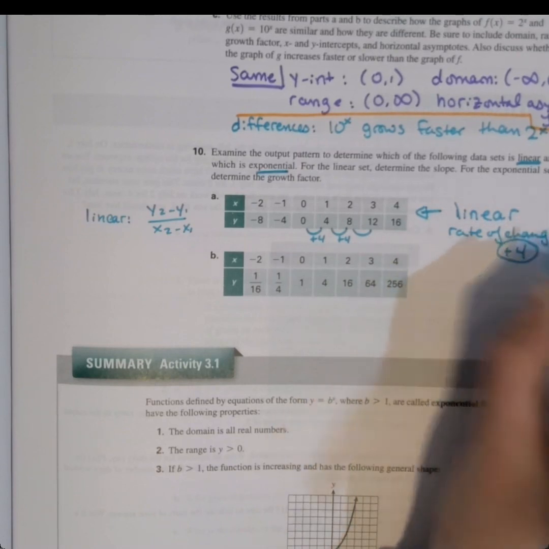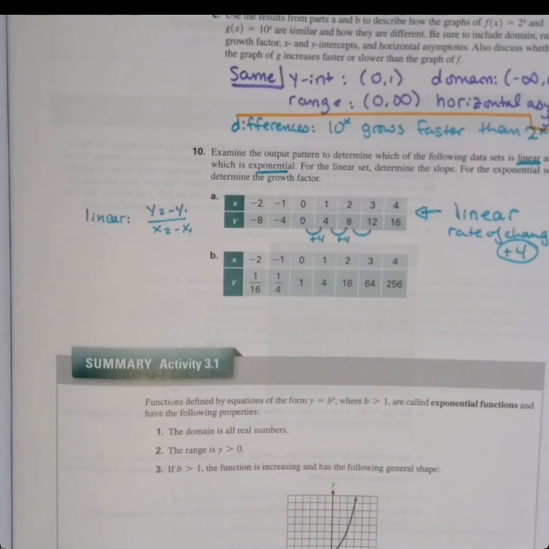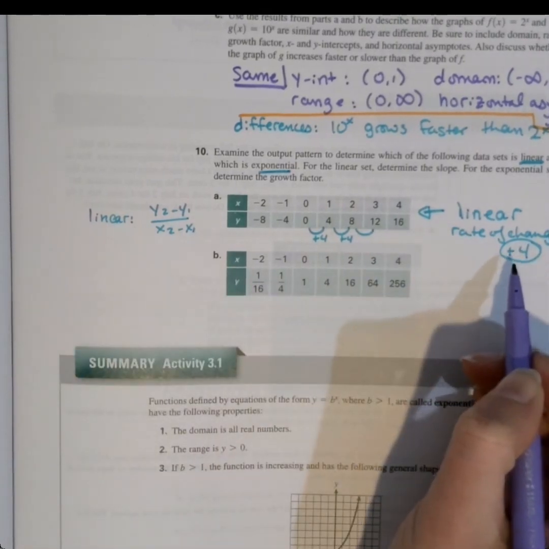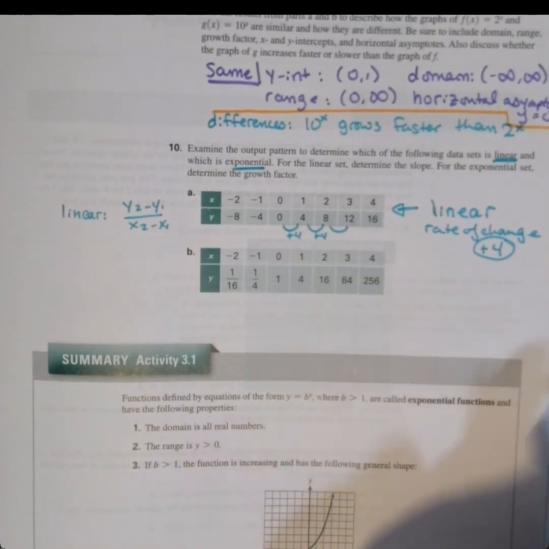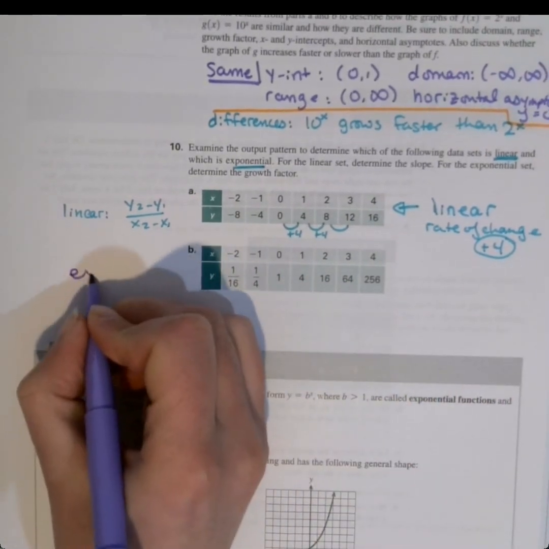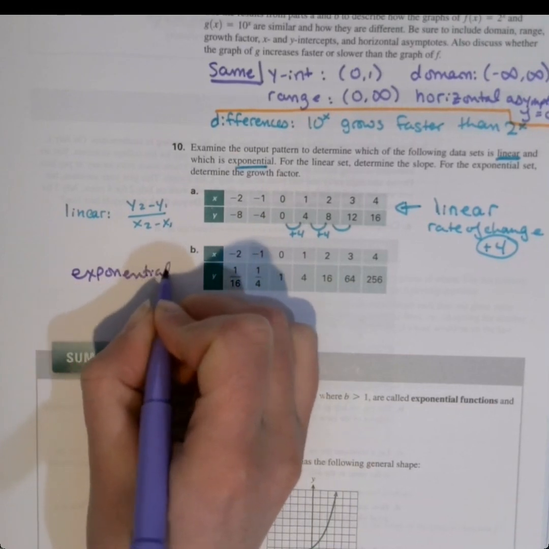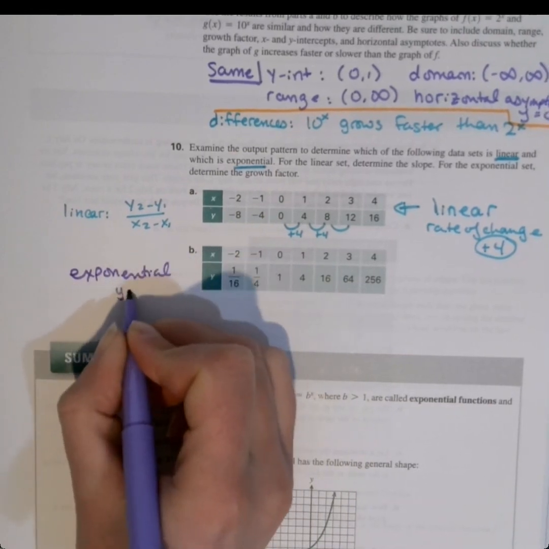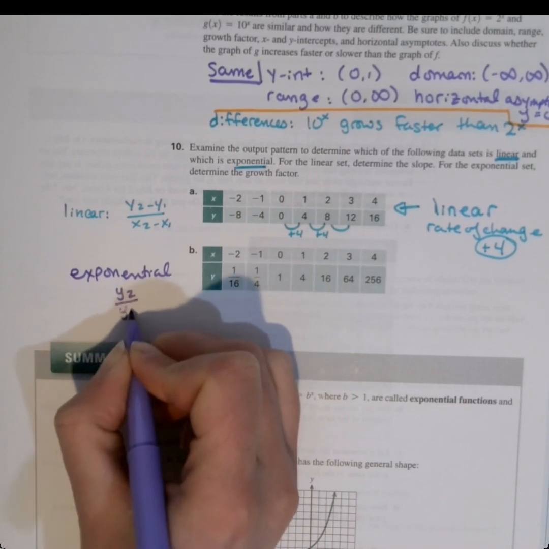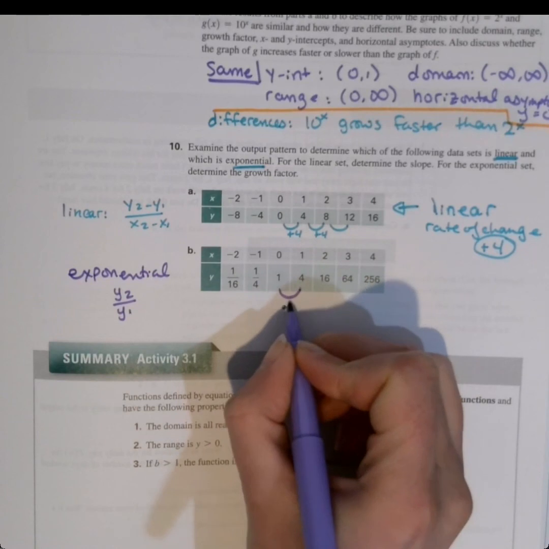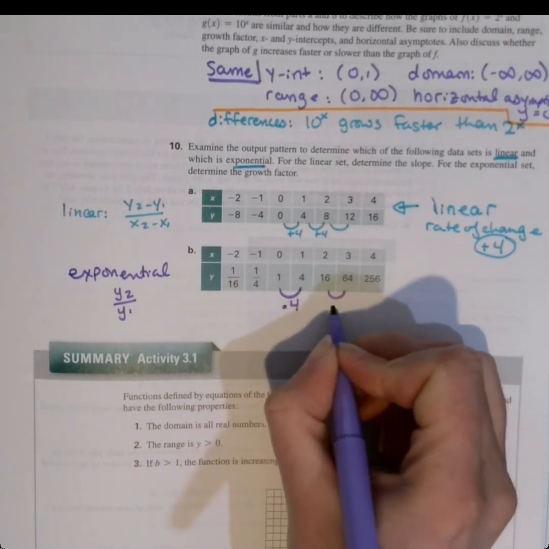Now, if linear is additive, there's a change that's either an add or subtract, then exponential is multiplicative. So you want to think about what the quotient of two y values might be, or what you would need to multiply by to go from one to the next.